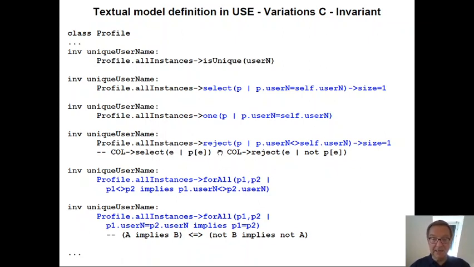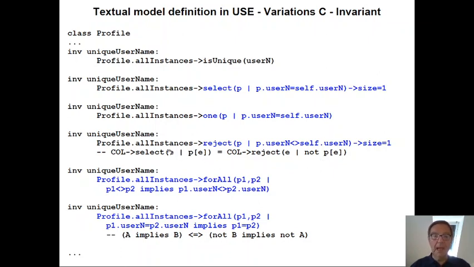And this selection is identical to this, where we are doing a rejection. Here we are considering all objects and selecting those which satisfy a property, and here we are rejecting elements which do not satisfy the property. And this yields the same collection of objects. So the reject is identical to the select if we negate the property that sits inside the select.